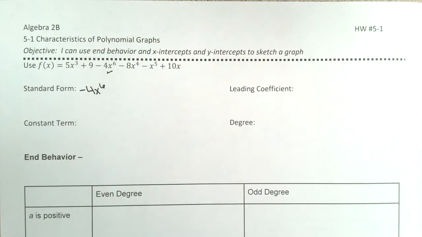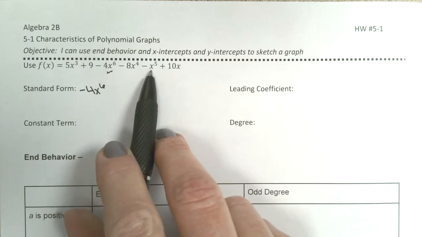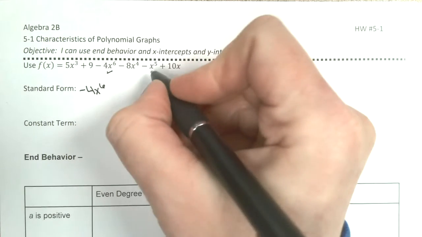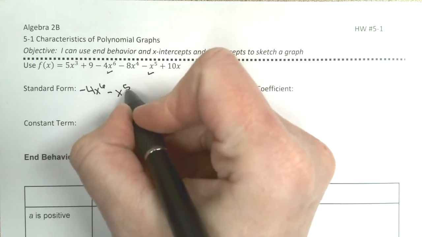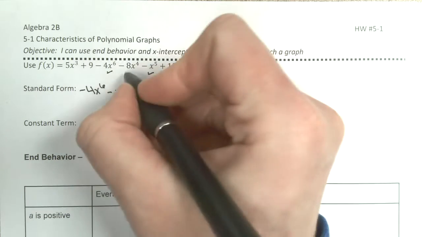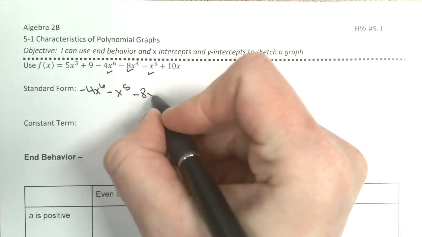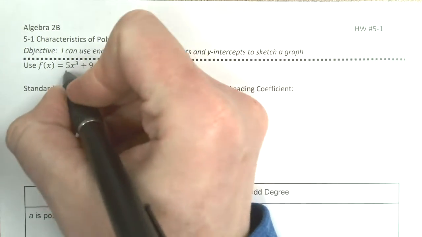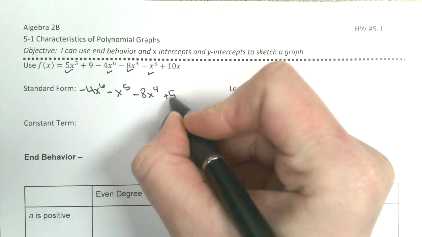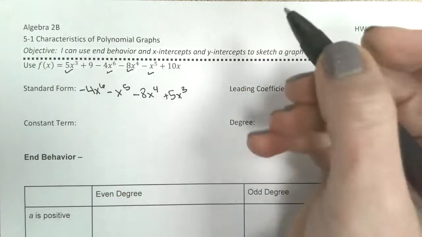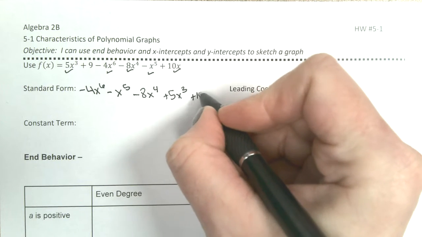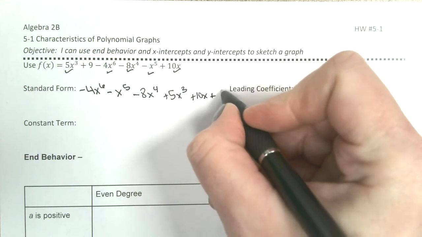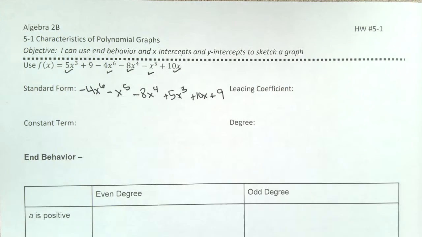When you write something in standard form, the exponents go in descending order. So I have an exponent of 5, so that term needs to come next. Do I have an exponent of 4? Yes, negative 8x to the 4th. And then 3 comes next. Exponent of 2, I don't have one, okay. A 10x comes next, and then the 9 comes last.